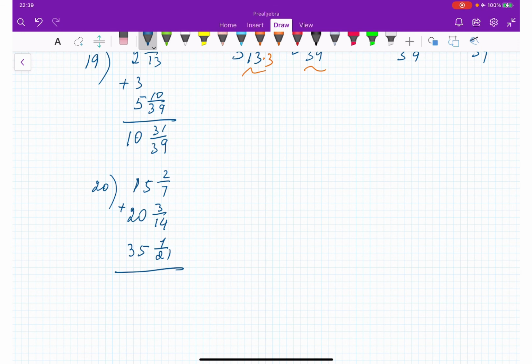Well, let's add whole numbers first. 15 and 20, 35, 35 and 35, it's going to be 70. Now 7, 14, 21, 42. 42 you can divide by 7, you can divide by 14, you can divide by 21.